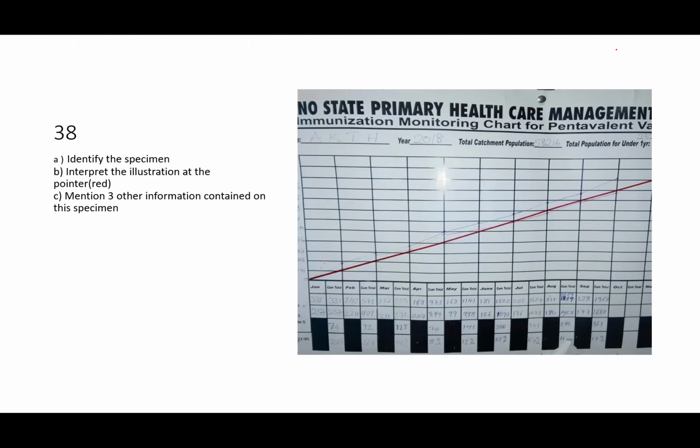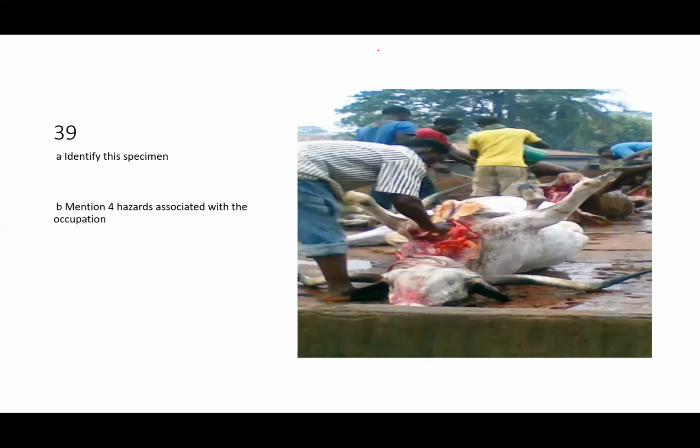When I send the answers, you go through them, but be brainstorming. Mention 3 other pieces of information that can be obtained on this specimen. You are quiet. Okay. Who can answer this?